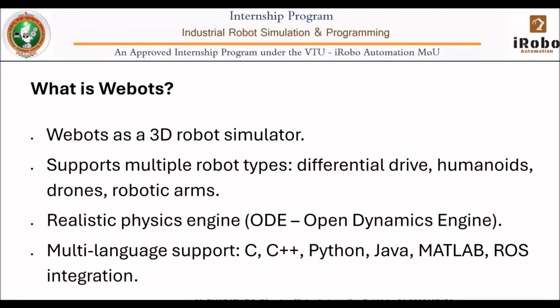And there is a realistic physics engine, the Open Dynamics Engine. As I mentioned earlier, we can give real friction and gravity so that the simulation will be very realistic. More important, it supports multiple languages. That means the controller can be C based, C++ based, Python based, Java based, or MATLAB, and ROS integration is also possible.